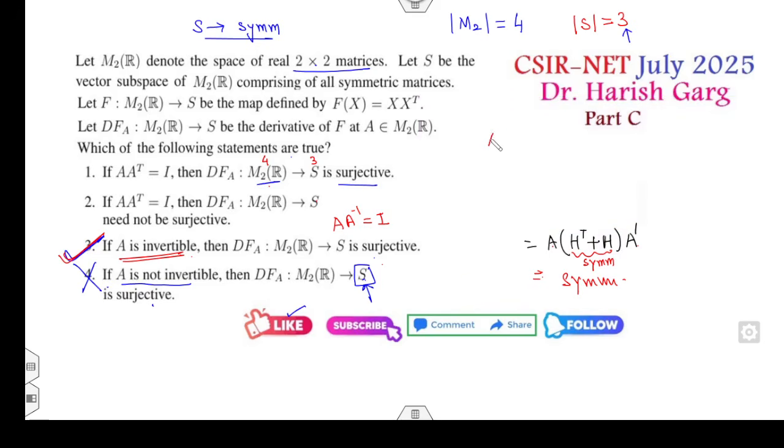A of A transpose is the identity. That means A is an invertible matrix. Fine. अगर A invertible है by using the third option, the first option is also a correct option. A and A, that's an invertible matrix, but he said need not be. That's a wrong option. A and C are the right answer of the problem.